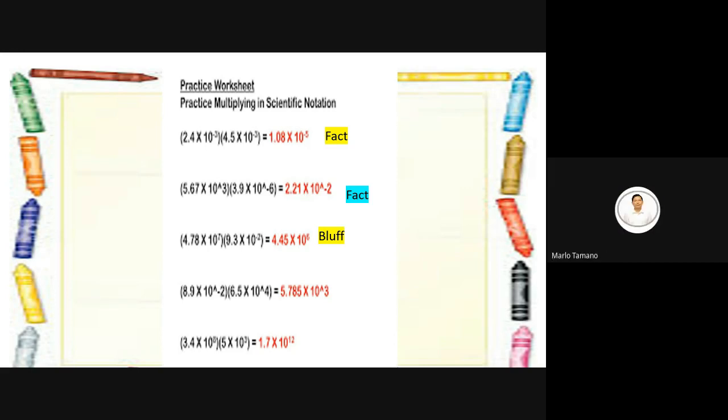So negative 2 plus 4 is 2. So shift, move the decimal one place to the left, and that plus 1 is 3. So is this a fact or a bluff? Fact po, sir. Okay, fact. Next, number 5.